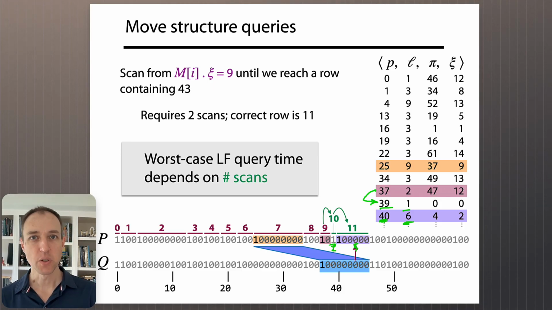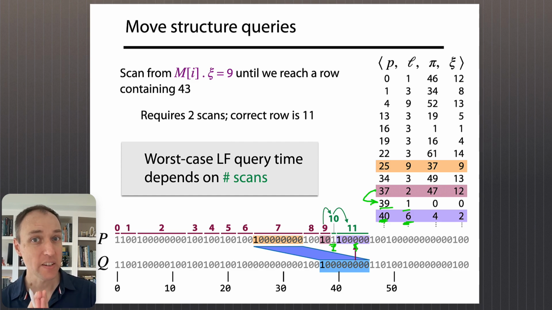This is how we do the query, right? We follow what the move structure tells us in terms of following the permutation for the run head. We need to also update what run we're in, so we follow what the xi column tells us. That's not necessarily correct at first, so we might have to do some linear scanning to get to the correct run.